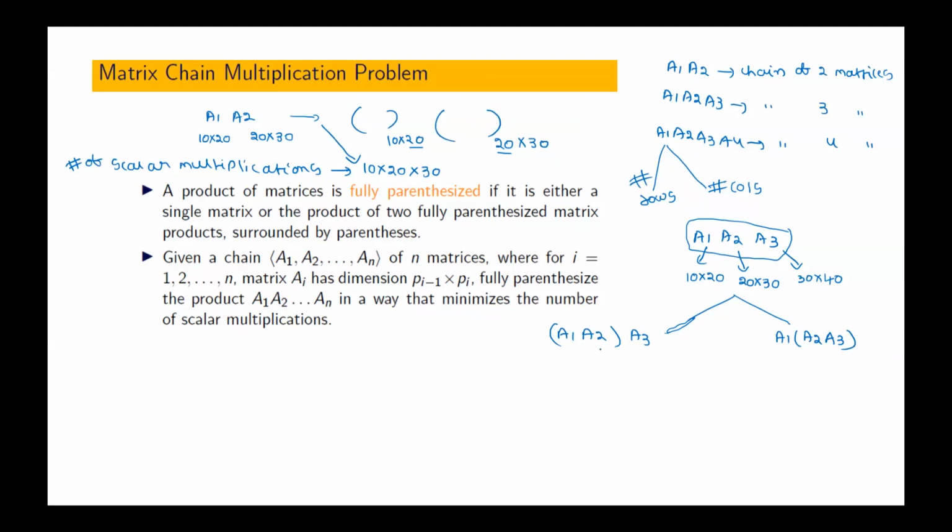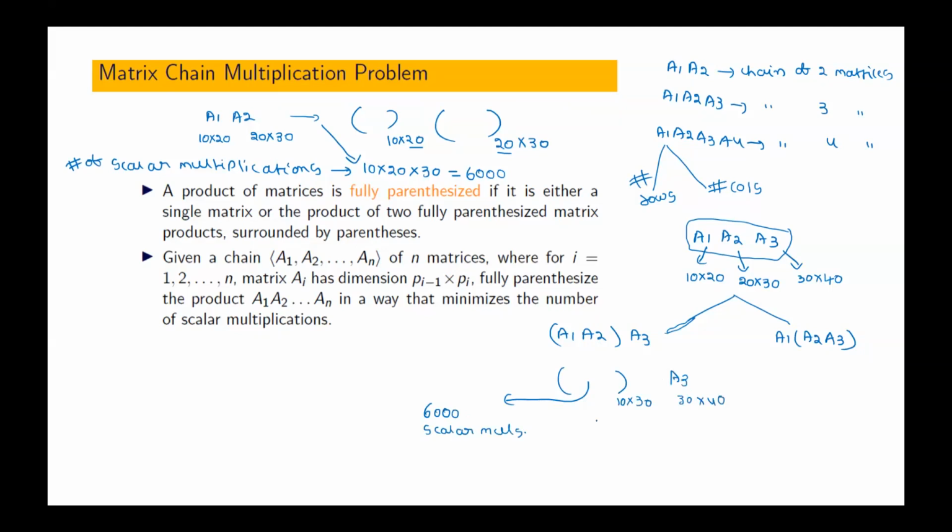Now, if we multiply it this way, in order to find A1, A2, how many multiplications are required? It is 6,000, which we have already done here. So what is the order of the resultant matrix? It is 10 by 30. What is the order of A3? 30 by 40.